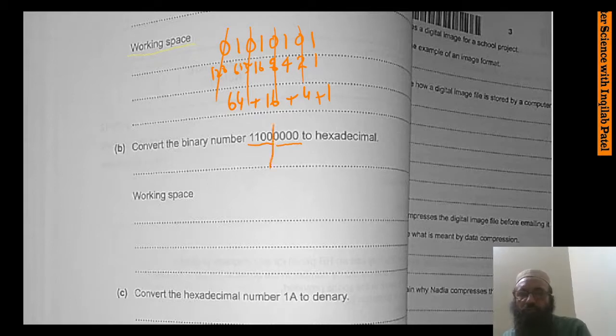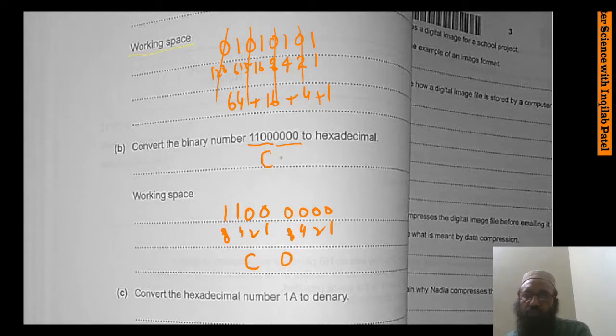Here we have two nibbles, 1100 and 0000. We write down 1, 2, 4, 8 for each. 8 and 4 make 12, and 12 means C, and the other nibble is 0. So our answer will be C0.